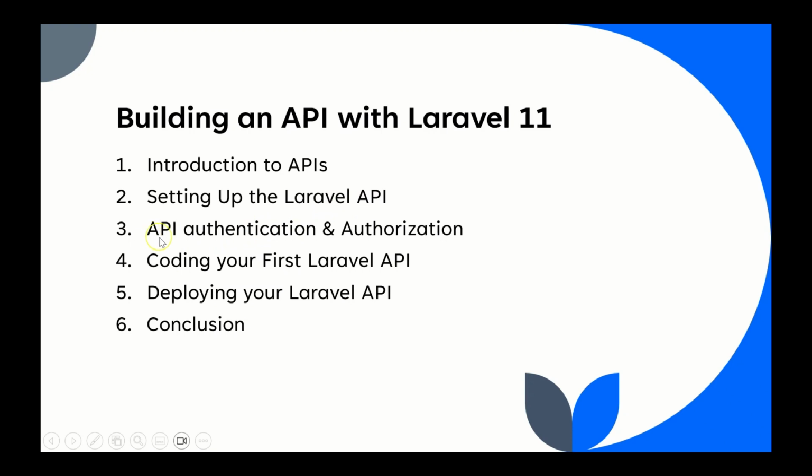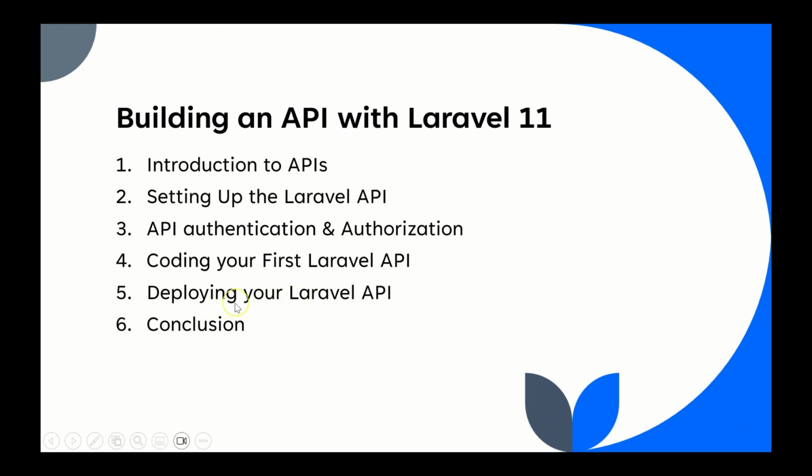Then we are going to see the concept of API authentication and authorization, where we look at how we can secure our API endpoints. And then we are going to look at how to code your first Laravel 11 API. Last but not least, we are going to look at how we can deploy our API so that it can be consumable.